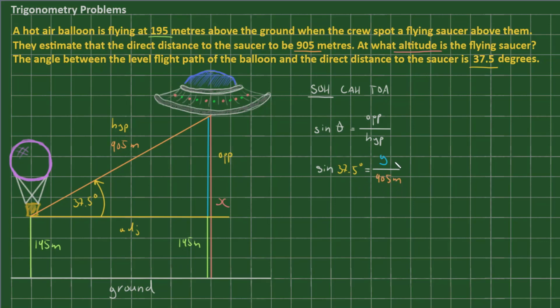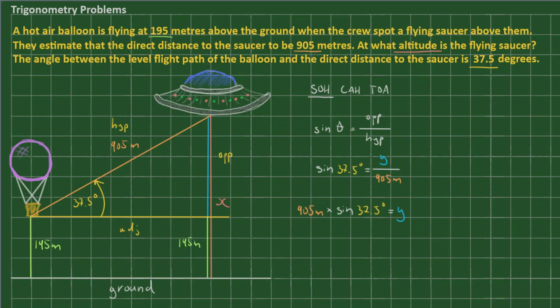I need to rearrange this equation to make y the subject. This means transposing 905 meters, and I will do that by multiplying both sides by 905 meters. And that will give me 905 meters multiplied by sine of 37.5 degrees equals y.